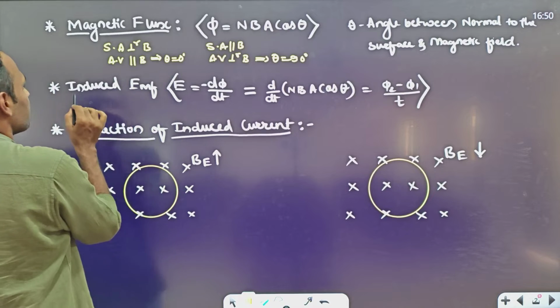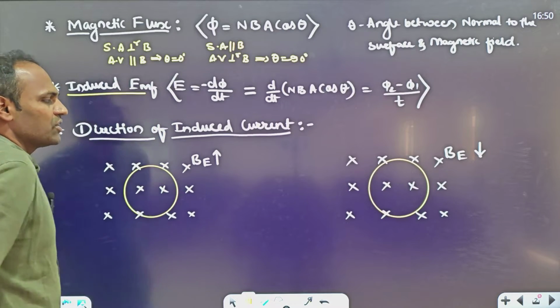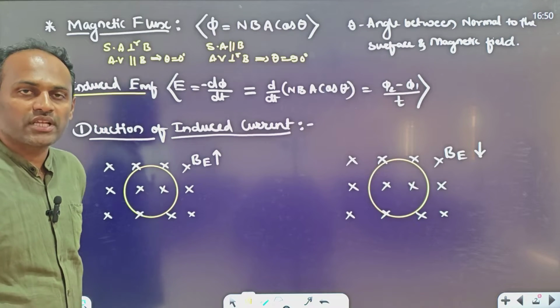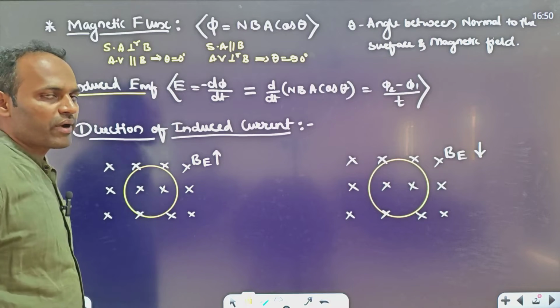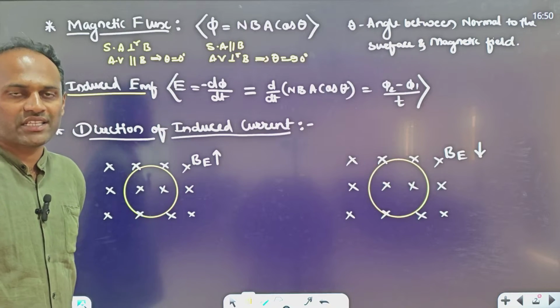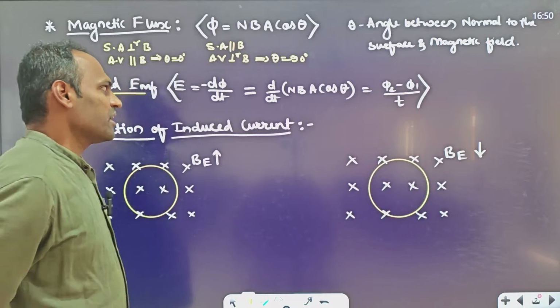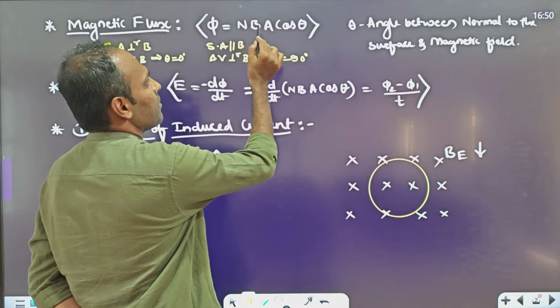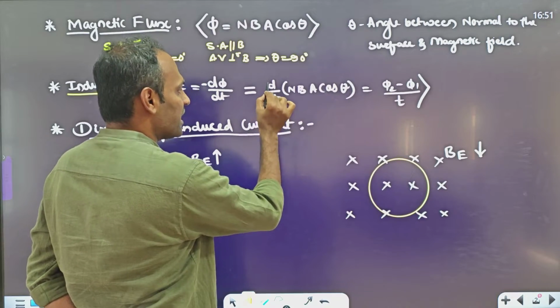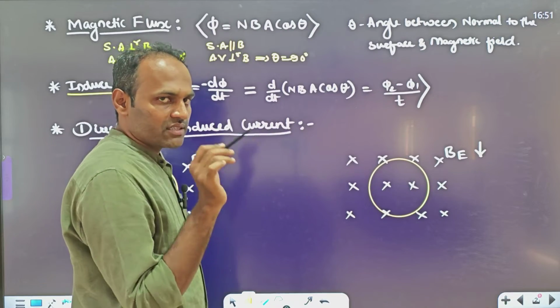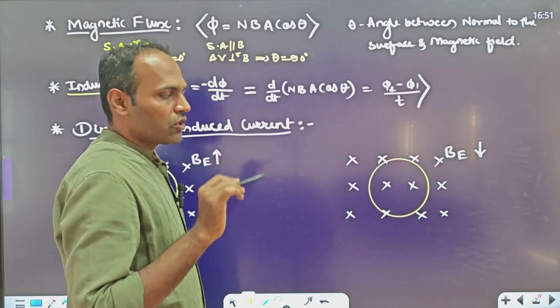So that EMF which is produced by change in flux of the coil is called induced EMF. It is given by E is equal to minus d phi by dt by Faraday's and Lenz's law. Minus d phi by dt. In place of phi, I will substitute N B A cos theta. Right? If N is changing, you apply d by dt for N. You can write it like this: dN by dt, BA cos theta.